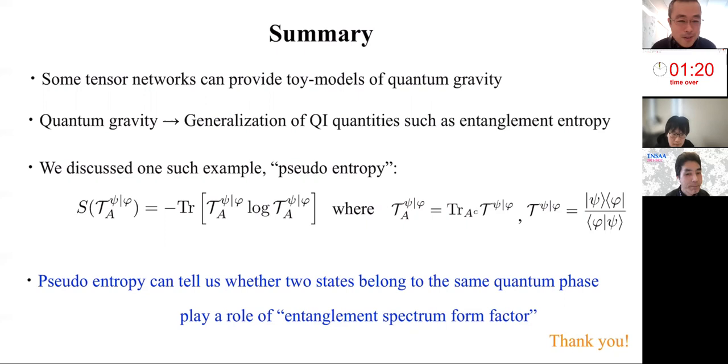For the pseudo entanglement Hamiltonian, does it define any particular time evolution on some space-time? Can you give some particular interpretation as a time evolution for the entanglement Hamiltonian for the pseudo entropy?